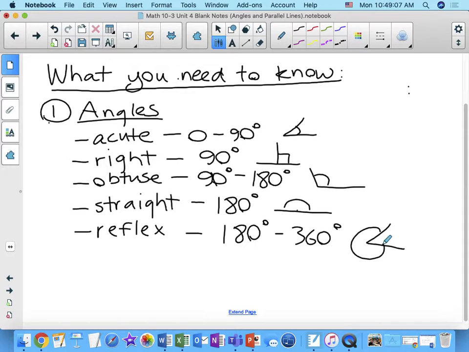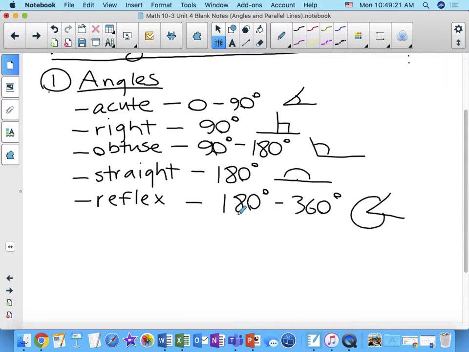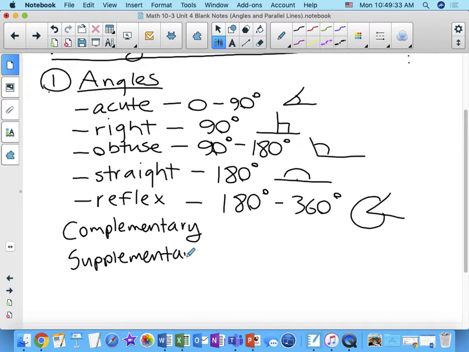We also looked at what it means for 2 angles or more to be either complementary or supplementary. And we just discussed that. So if we know 2 angles are complementary, what do we know about them?